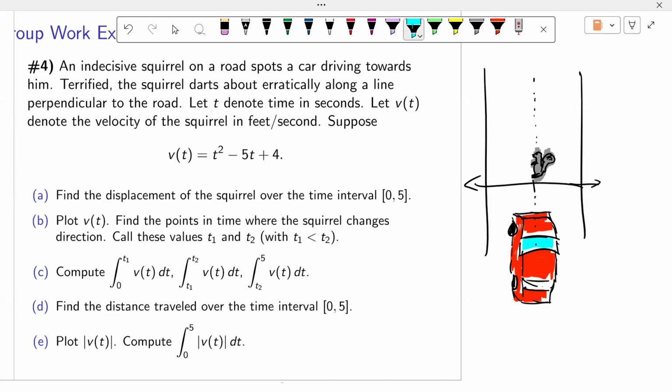Windshield right there. There we go. The car looks better. It's kind of an aerial view. Wheel's a little off there.